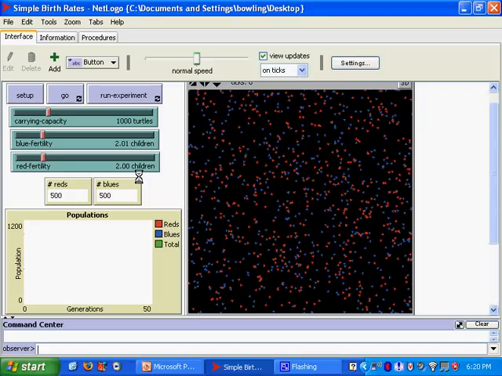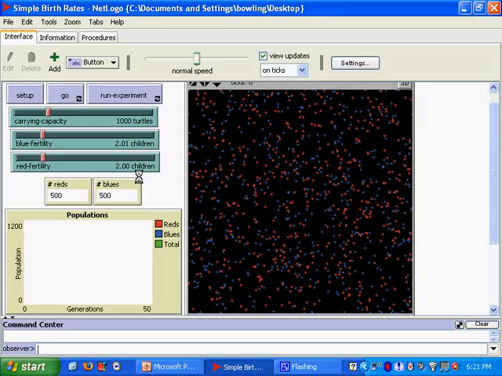So if I run this model and ask you what will happen, your first inclination is, well, there's going to be a small increase in the number of blue agents compared to the number of red agents. So it should be proportionately maybe 2.01 compared to 2.0. We start out with 500 reds, 500 blues.